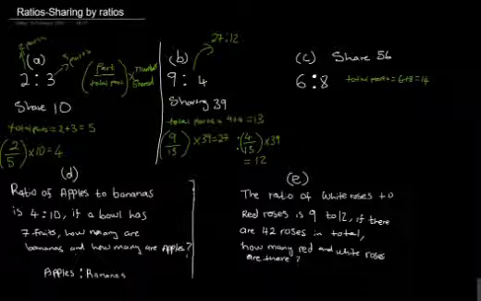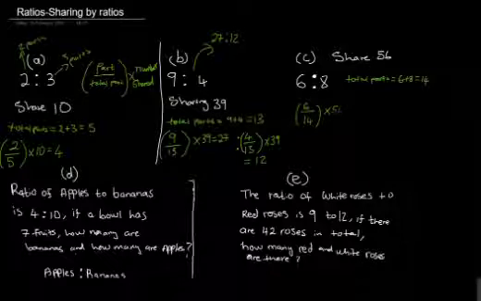Then for the part of 6, it's going to be 6 over 14, multiplied by the number being shared, which is 56. You will find that this is equal to 24. Let me write it here at the bottom.